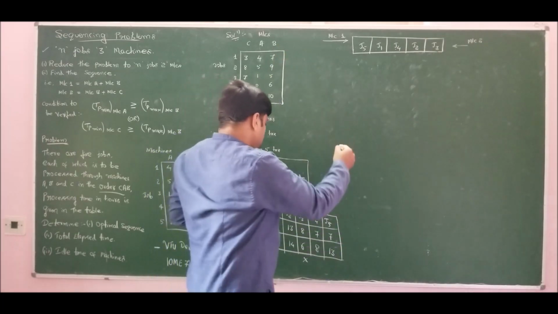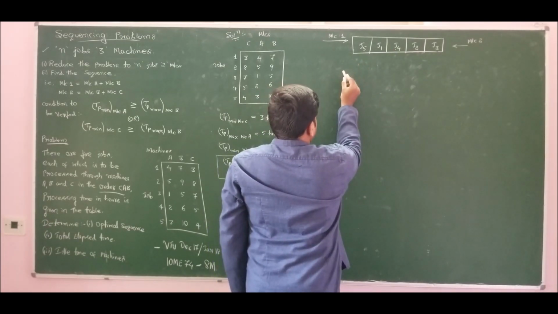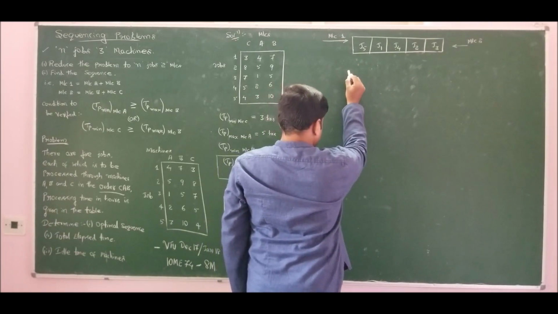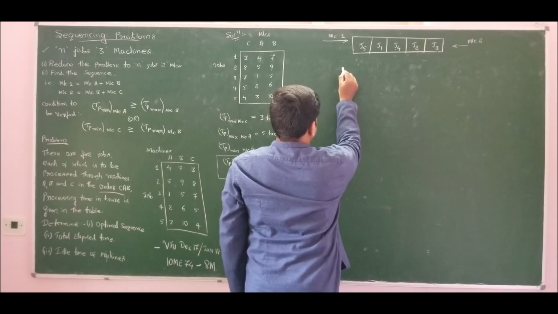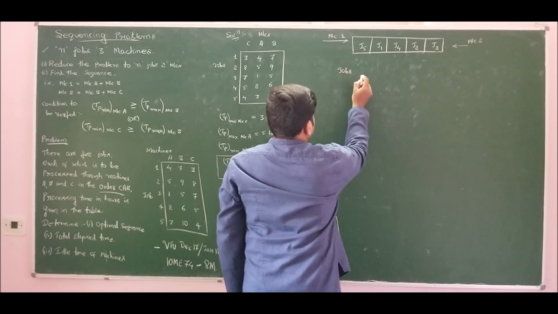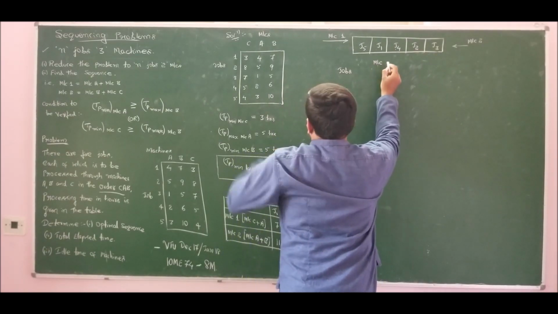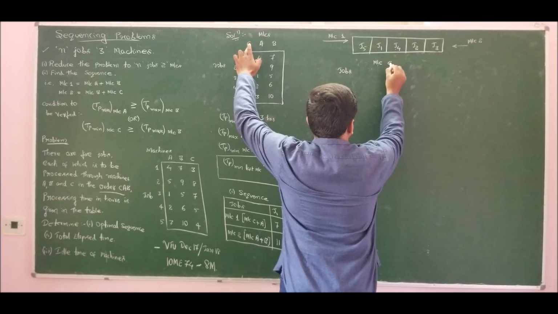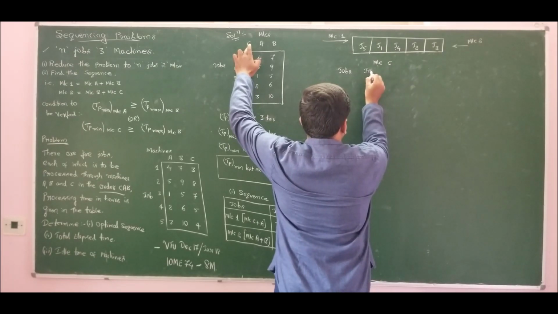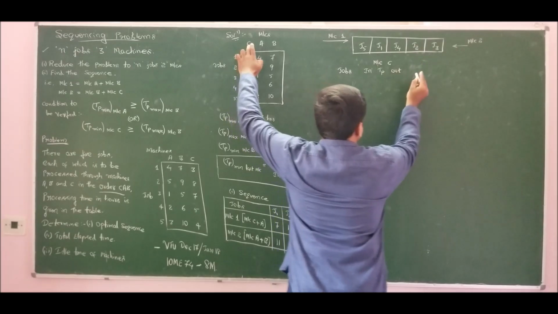Now let us solve this problem. We have jobs coming for machines. First I should process on machine C. For machine C I should find in, processing time and out.